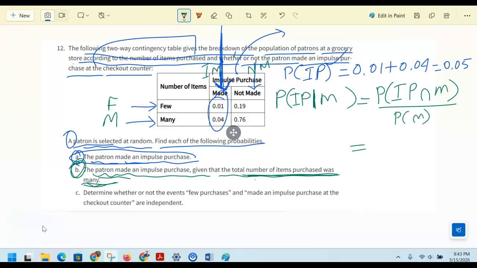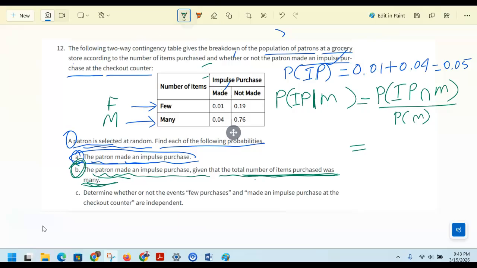From the table, what is common here? Impulsive and many, let's call this I and M, and this is not I and M, another way to write not impulsive. The bottom part is many purchases, so we have to add these two.